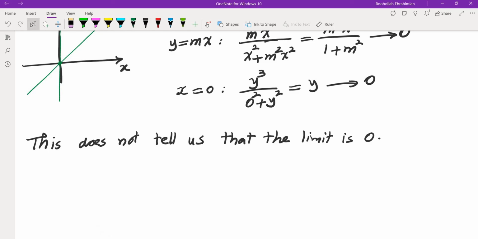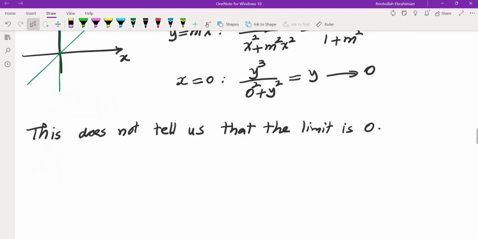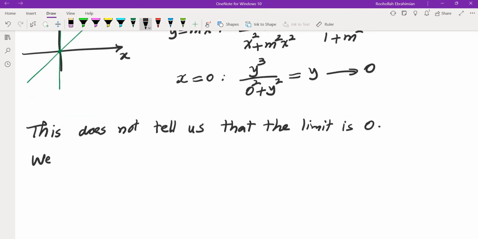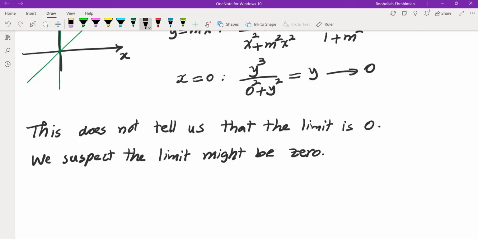So that's really all it tells us. Okay, now we suspect, so let me actually write this down. We suspect the limit might be 0. Again, it doesn't tell us the limit is 0. It tells us that it might be 0.